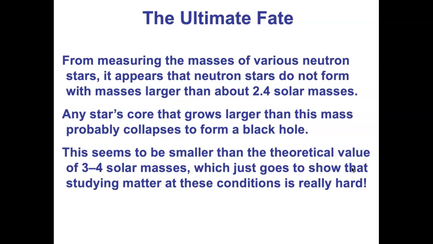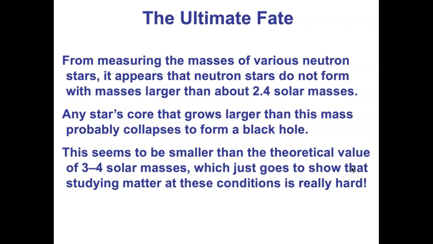I keep giving you these numbers, right? Oh, the star has to be more than 20 solar masses or more than 8 solar masses, and so on and so on and so on. The reason why mass is destiny, the reason why the amount of mass that a star is born with determines how it will eventually die, is all about the mass of the core.